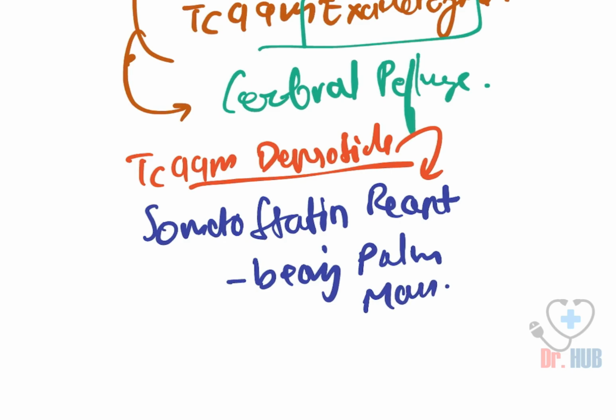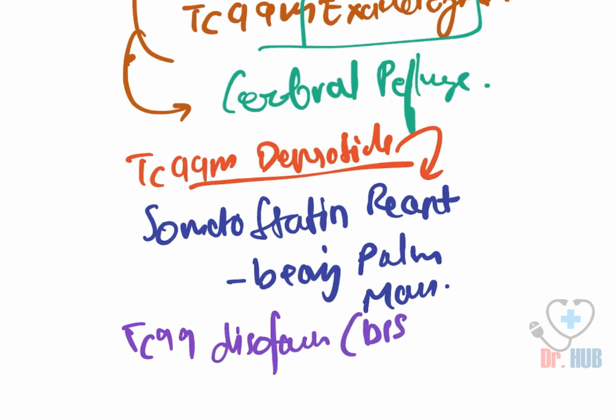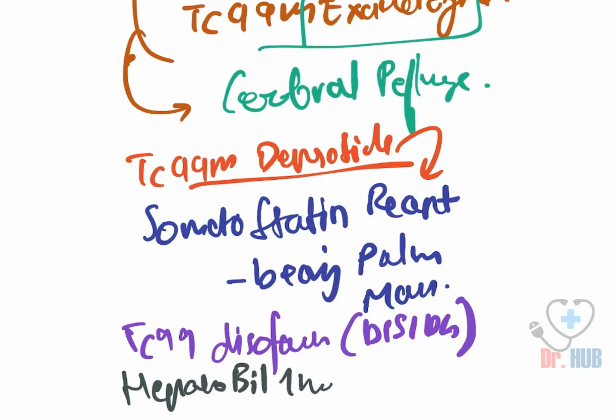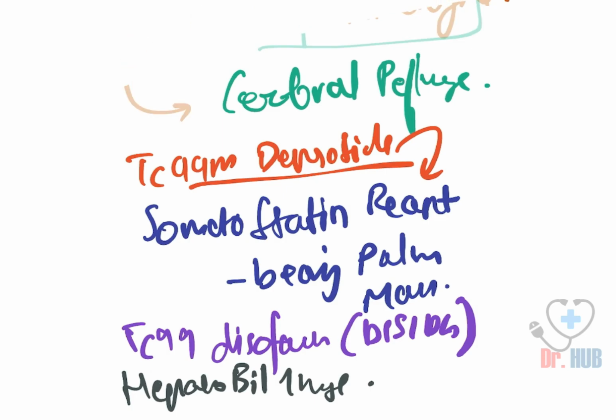Then we look at the TC99M disofenin. It is nothing but the DISIDA. It is used in hepatobiliary imaging. So TC99M disofenin, that is the DISIDA, is used in hepatobiliary imaging.